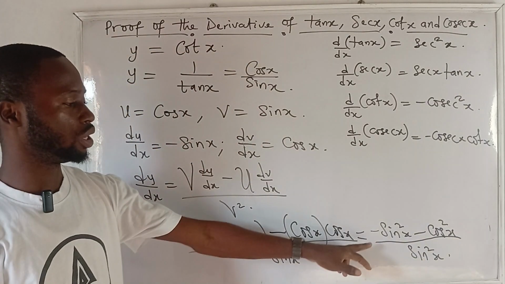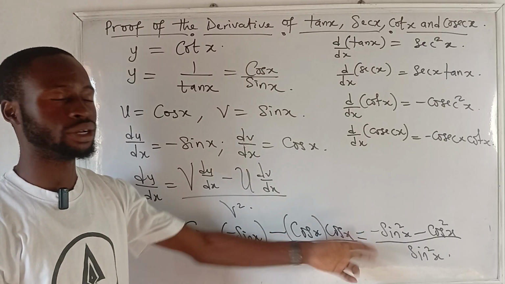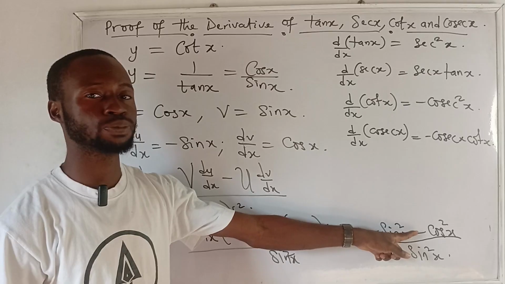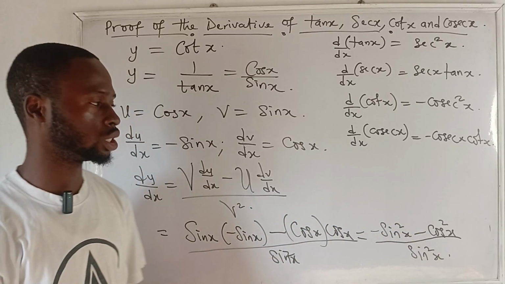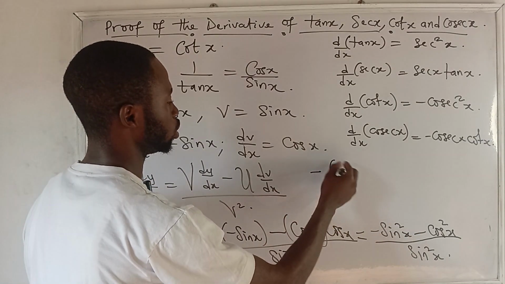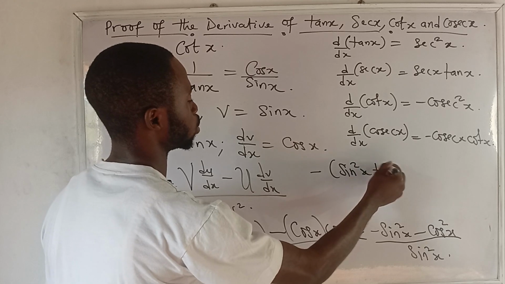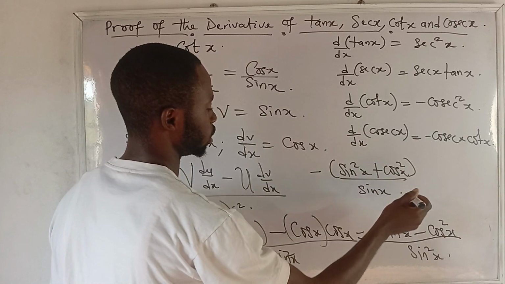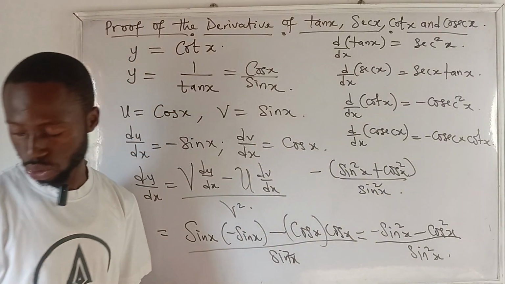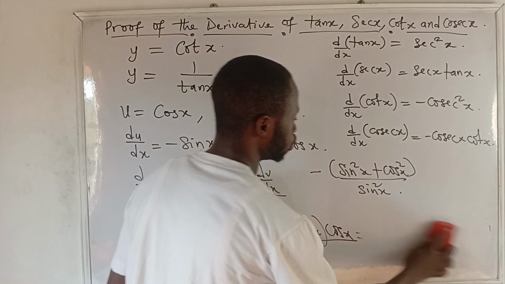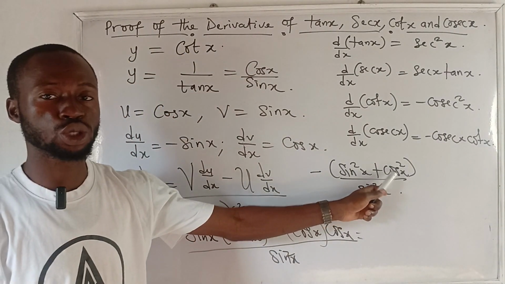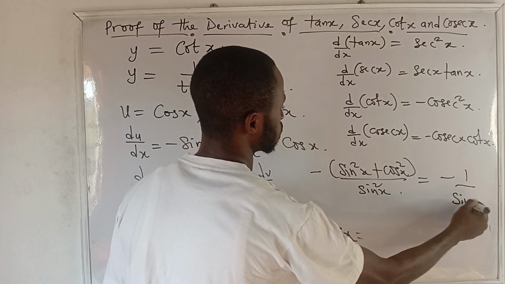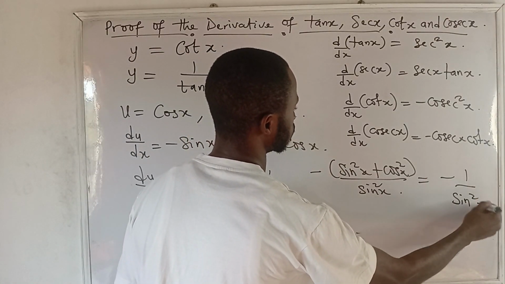Now, obviously from here, I can also factorize the minus outside, because by the time I factorize the minus, I would have sine square x plus cos square x, and that will give me 1. So I would have minus into sine square x plus cos square x all over sine square x. So from there, we could conclude that sine square x plus cos square x is 1. That's minus 1 over sine square x.